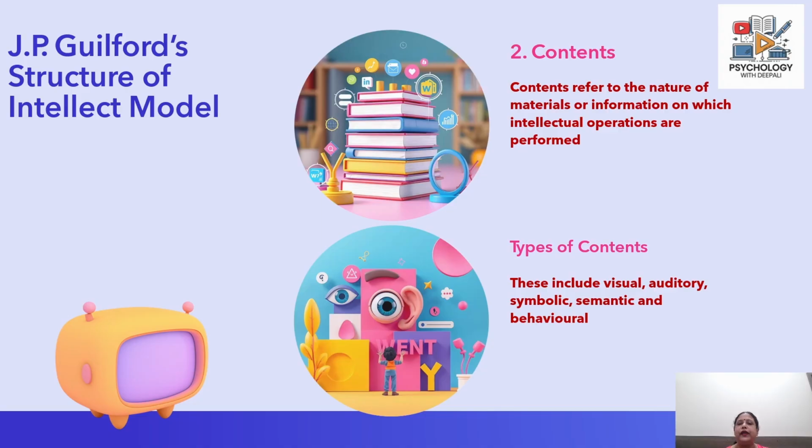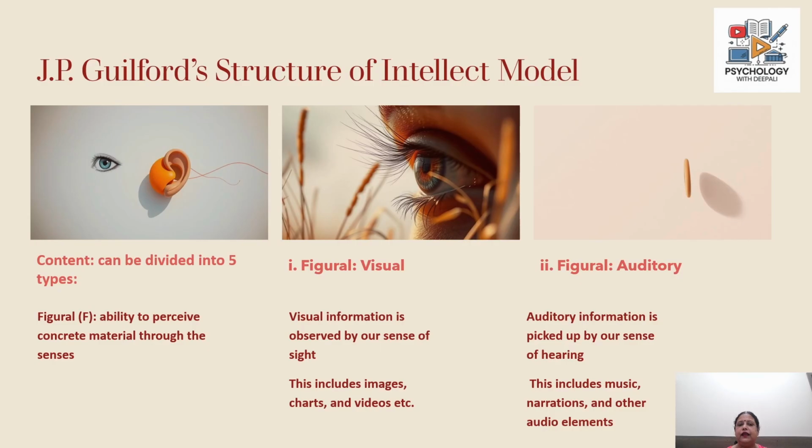So when we are doing all those intellectual operations of evaluation or memory recording or cognition, divergent production, convergent production, all of that is done upon certain matter, on certain contents. And these contents are of various types. It could be visual, it could be auditory, it could be symbolic, it could be semantic, and it could be behavioral. So we will do each one in detail.